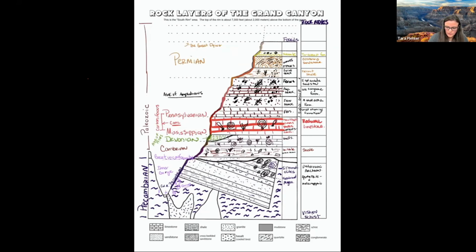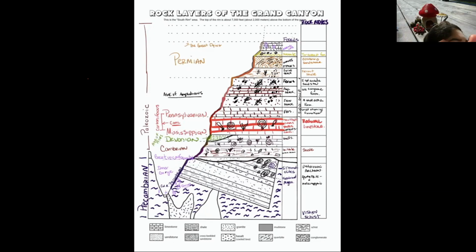This top layer here is also going to be limestone, which we can just do a brick pattern for. And inside, those are going to be our lovely shells, because we're going to have marine life: mollusks and our fish.